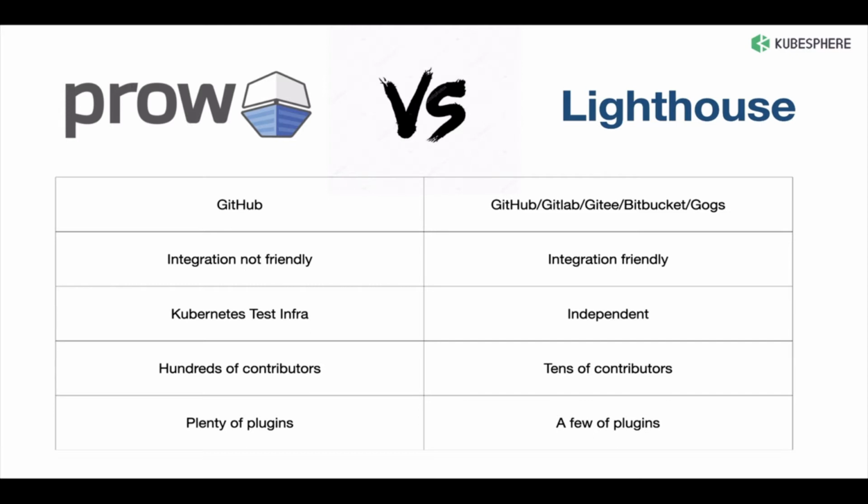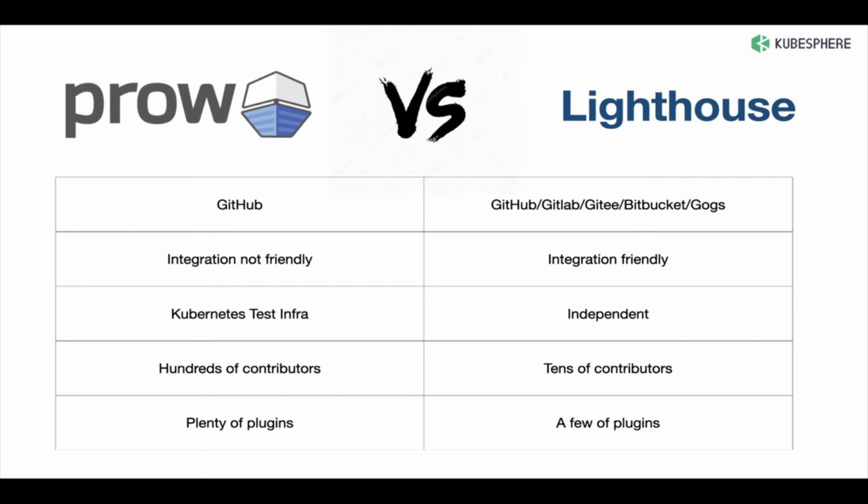Typically, Lighthouse can support all kinds of Git providers such as GitHub, GitLab, Gitea, Bitbucket, and Gogs. So, as you can see, Prow is not friendly for integration, but Lighthouse can integrate with other systems easily.